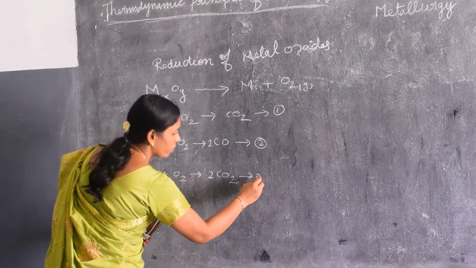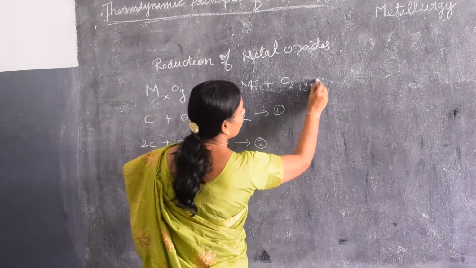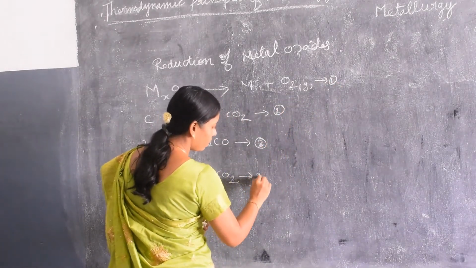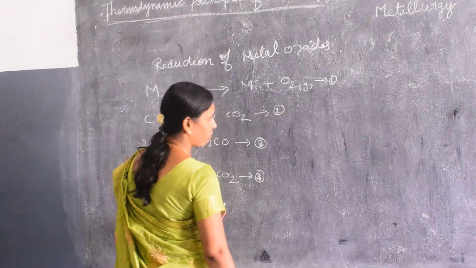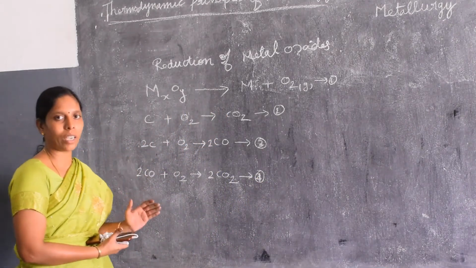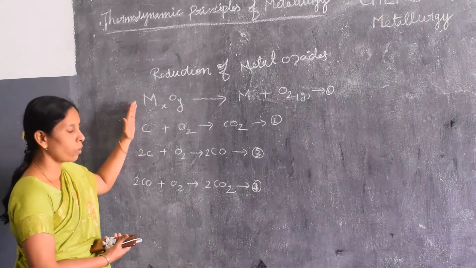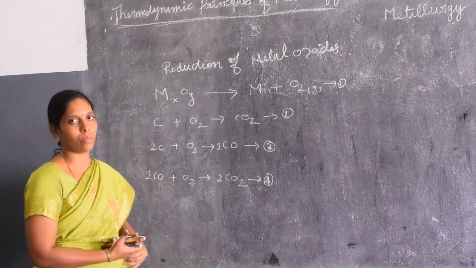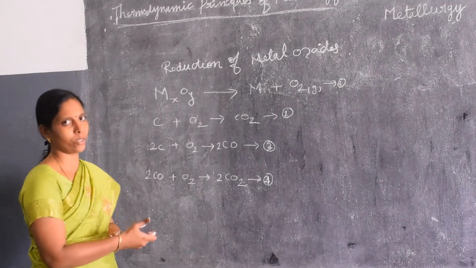This is equation 1, this is 2, this is 3, this is 4. So the selection of a suitable reducing agent is done by applying thermodynamic considerations or principles.